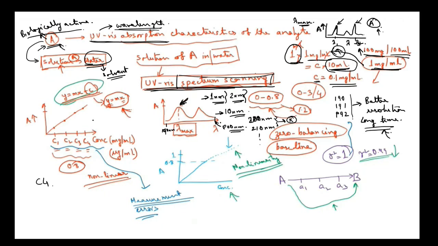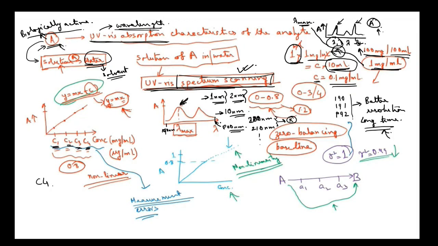So serial dilutions help us in getting lower concentrations. Suppose we have got four solutions of concentration C1, C2, C3 and C4, and from the previous spectrum scanning, I have identified the lambda max. Say for example, in this case I will go with lambda 1.